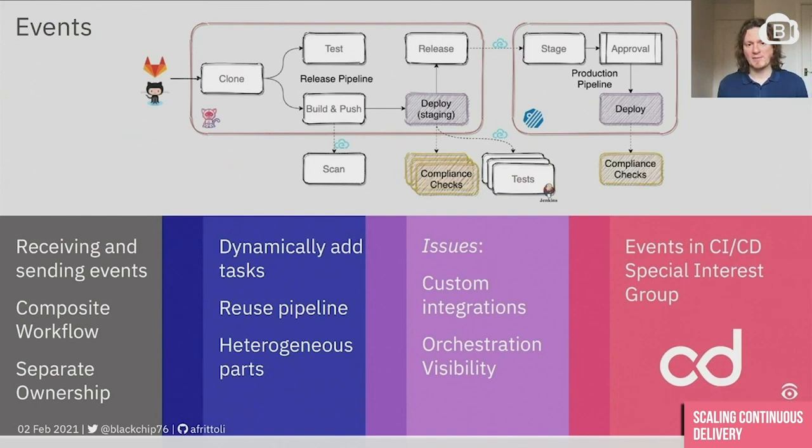Which means we could rework the pipeline we showed earlier into a more complex pipeline, such as this kind of composite workflow where we have one initial pipeline, and some bits below, a different pipeline which may even be running on a different platform. Like we have Tekton here on the left, and then we have Captain on the right, and we have some tests which are executed with Jenkins.